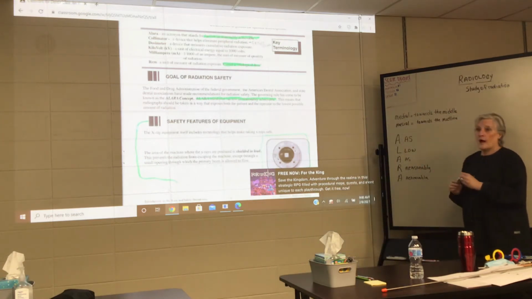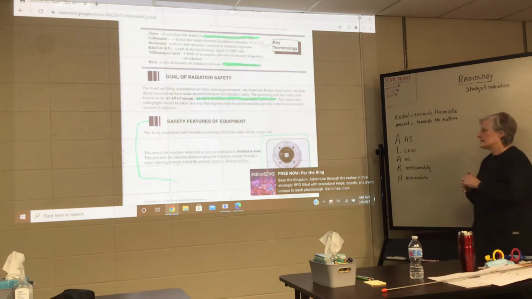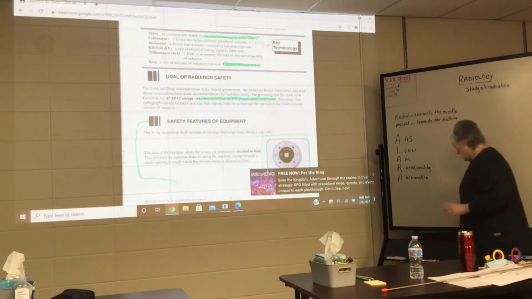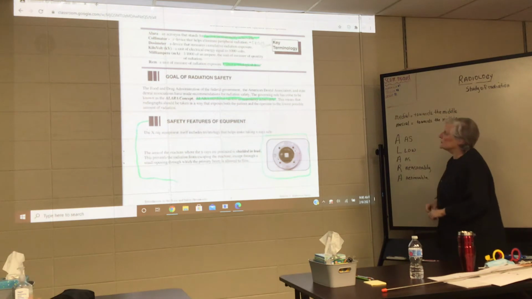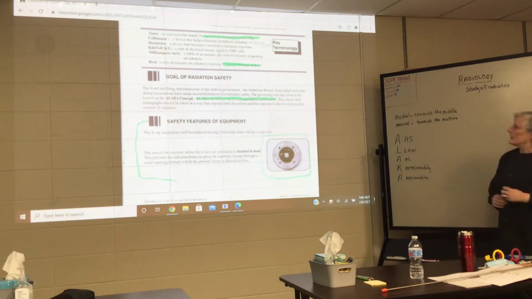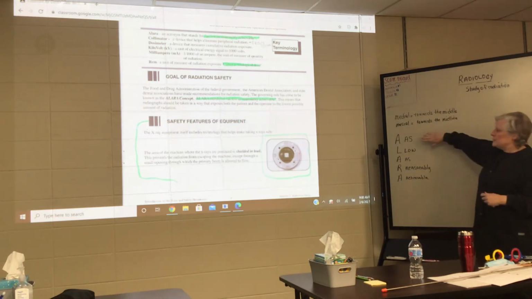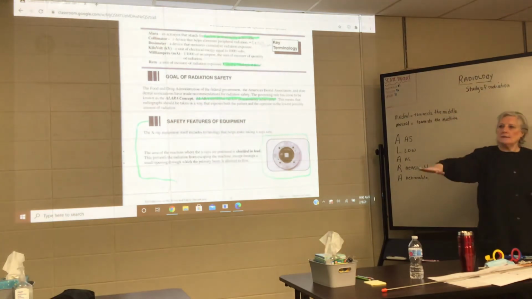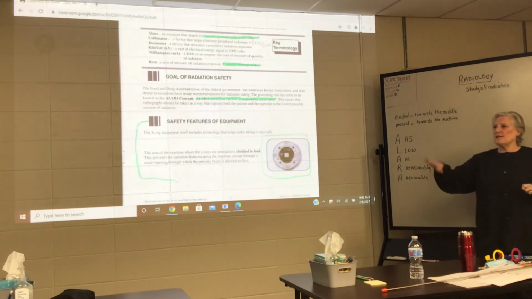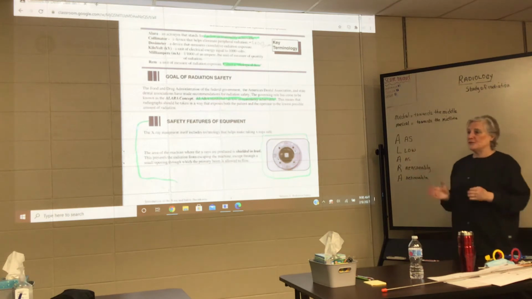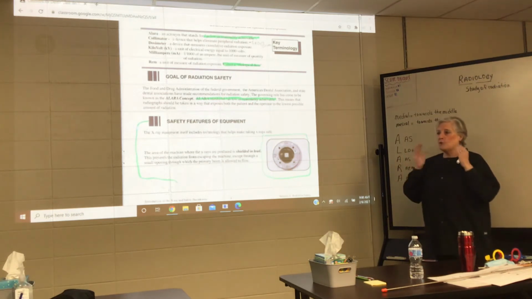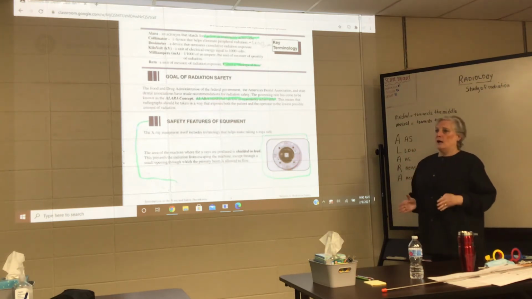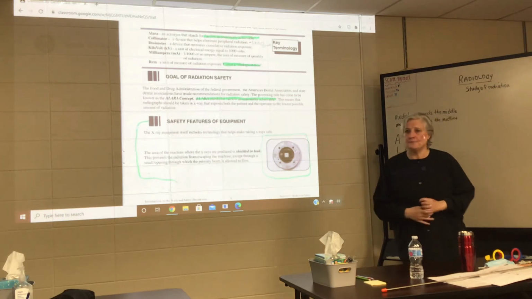You need to memorize that. You'll see it a lot. You need to understand it. That means I'm going to expose Talon to as little radiation as possible to achieve the result that I need, to get the x-ray that the doctor needs for diagnosis. I'm going to use as low radiation as possible.